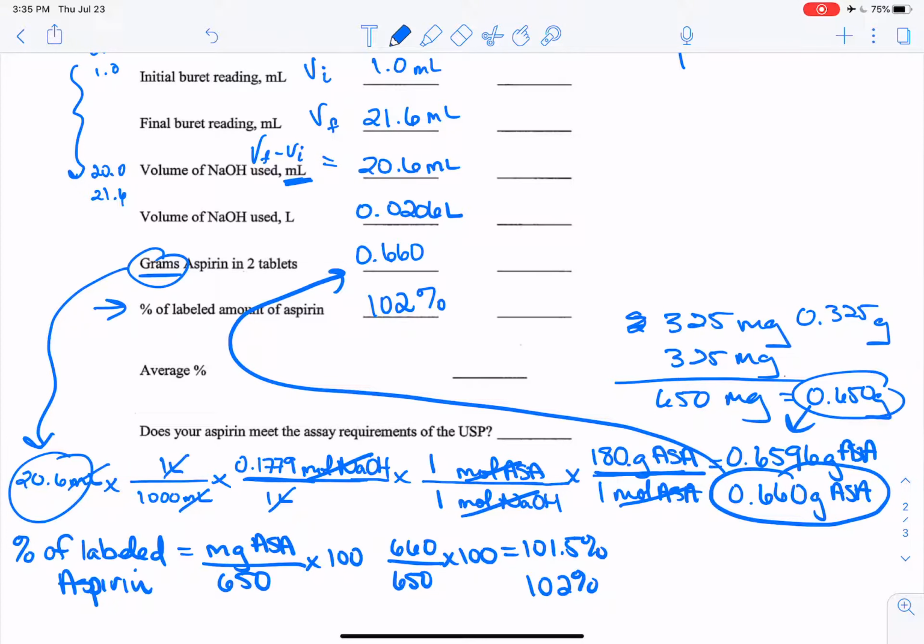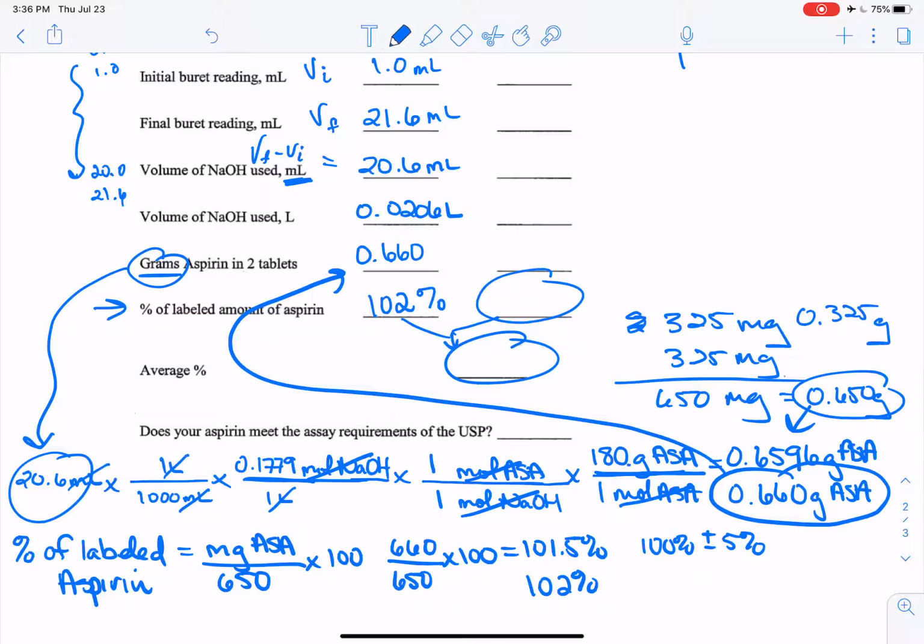And then you guys will go ahead and do a second trial, and you'll get another value there. And then you'll add those two up and divide it by 2 to get an average right there. And the USP says that you're allowed to be 5% off. So you're supposed to be 100% plus or minus 5%.